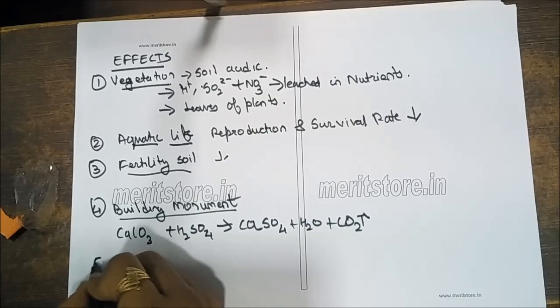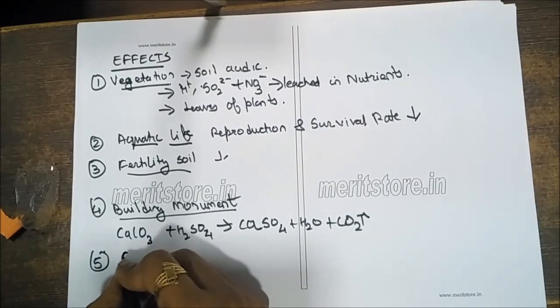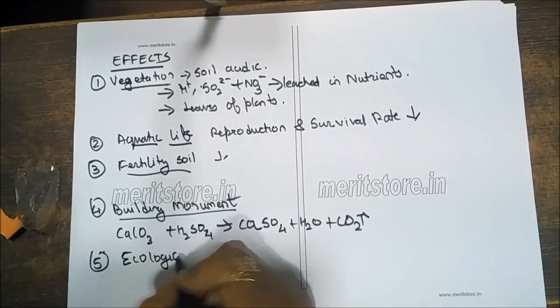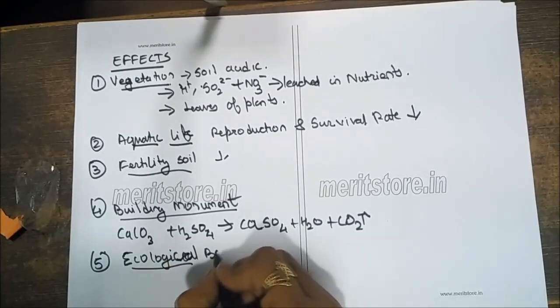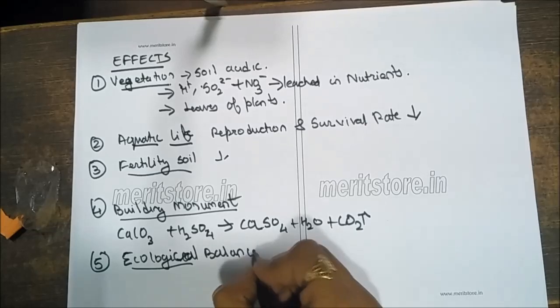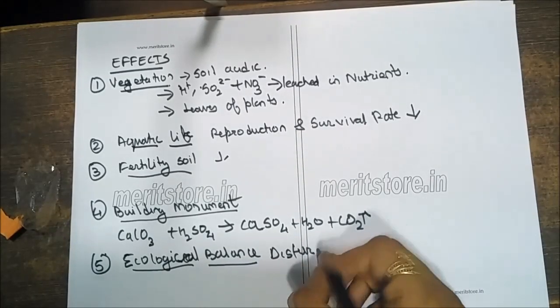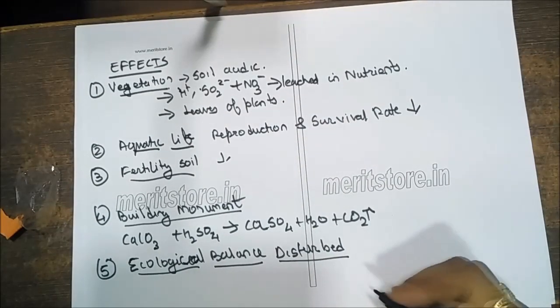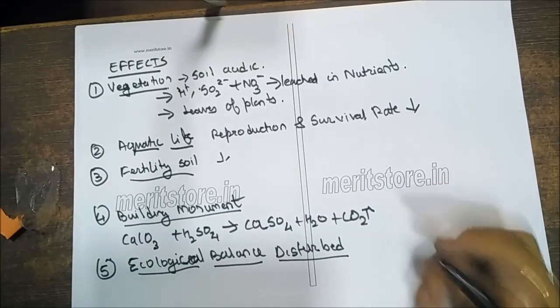Alright. The next is that ecological balance is disturbed. How? Because this acid rain has caused complete abolishment of certain important bacteria. Okay, so the ecological balance has been disturbed.